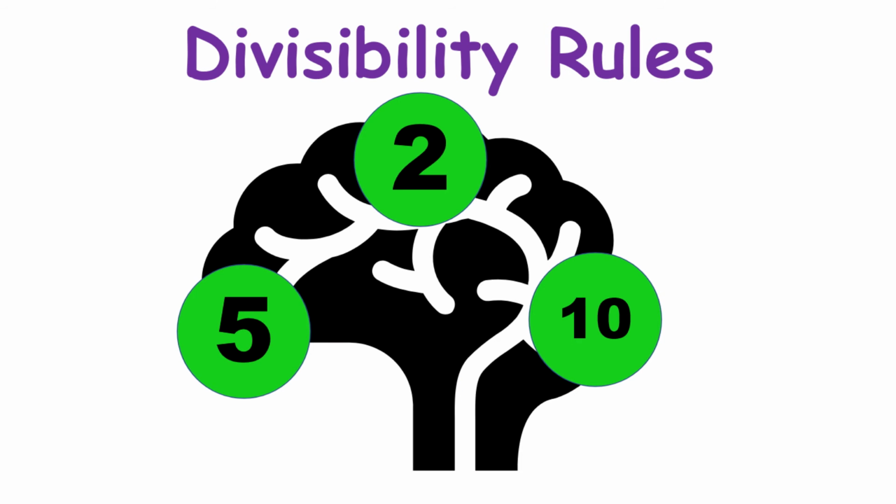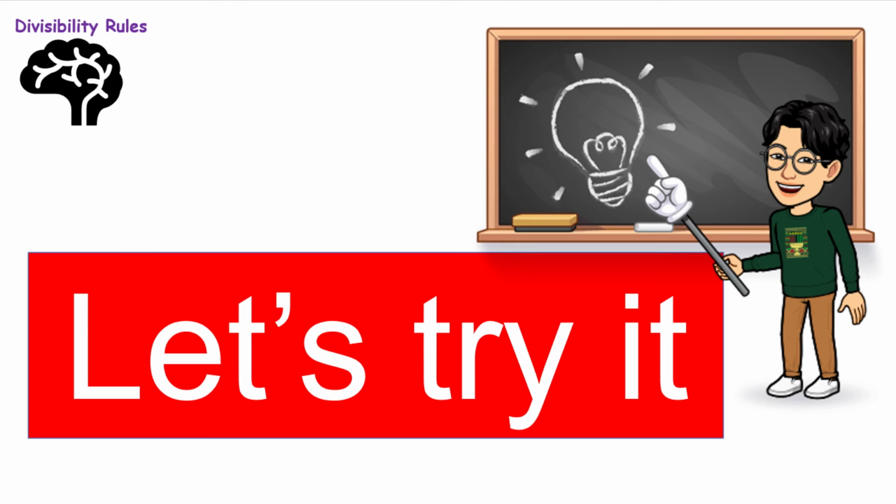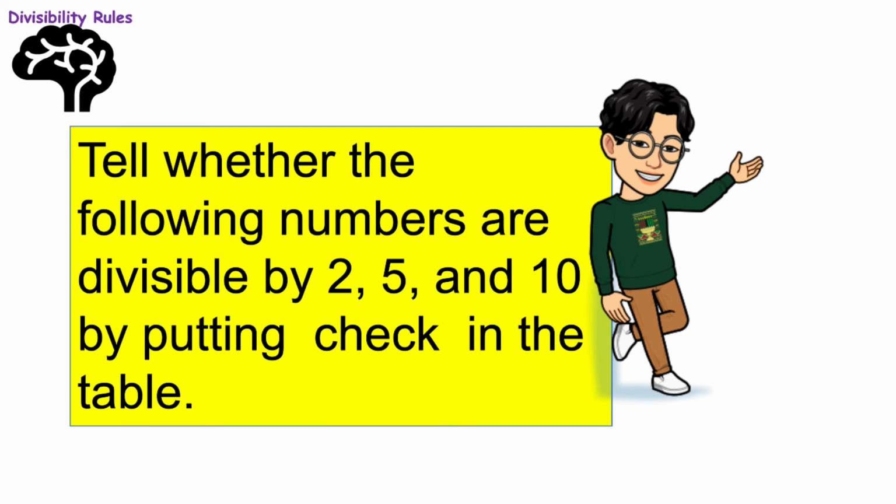Congratulations, learners! Now you know the divisibility rules of 2, 5, and 10. Let's have more activities about the divisibility rules of 2, 5, and 10. Are you ready? Tell whether the following numbers are divisible by 2, 5, and 10 by putting a check in the table.